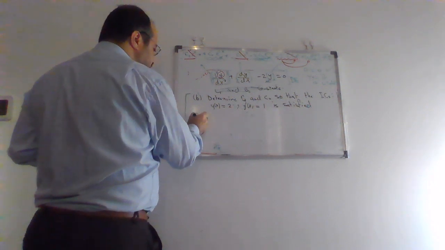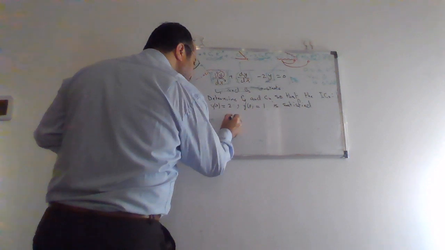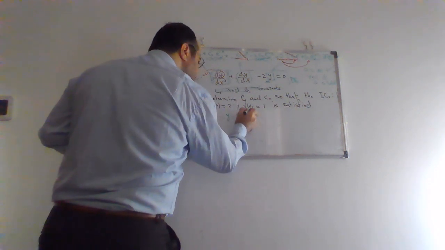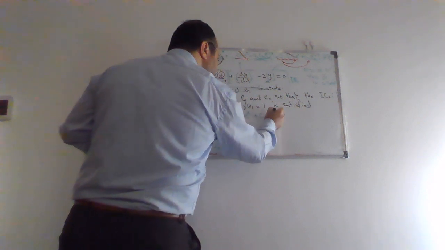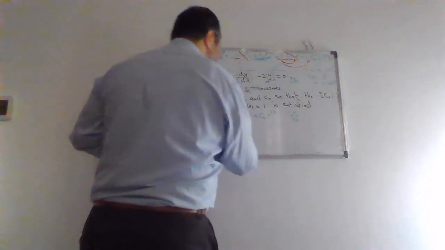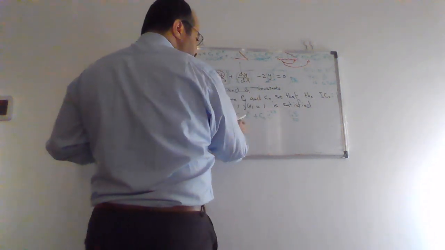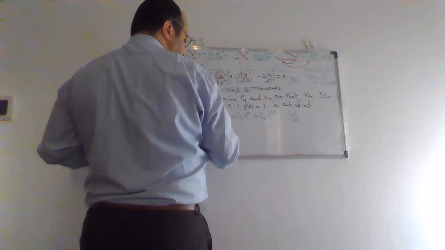Solution for this part. We know that y equals C1 e^x plus C2 e^(-2x), this is called the general solution. Now, it has two constants, and you need to find these two constants.